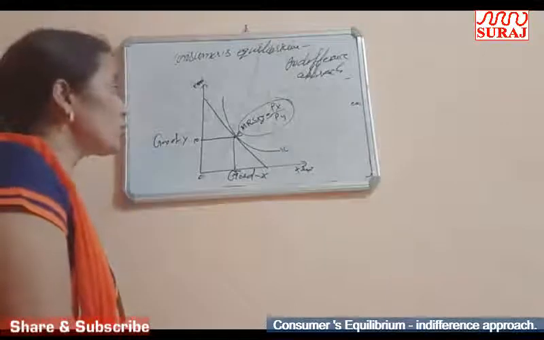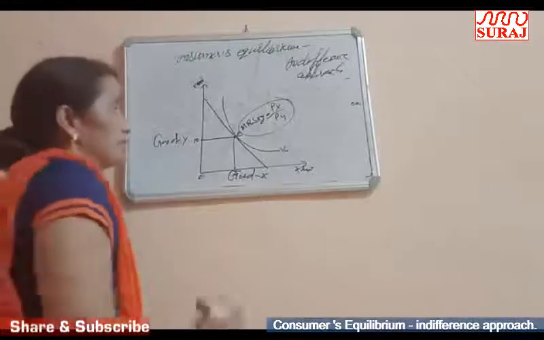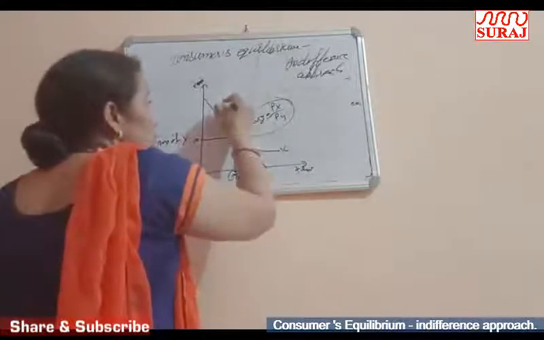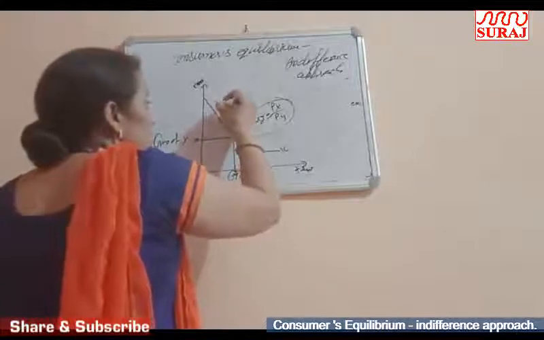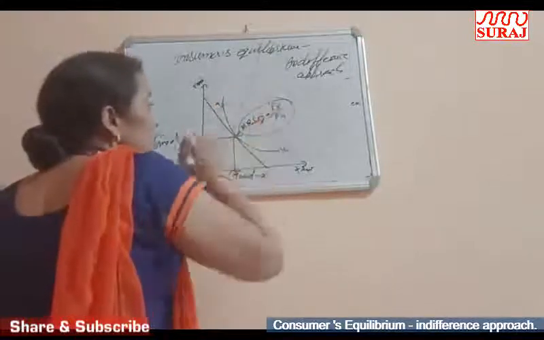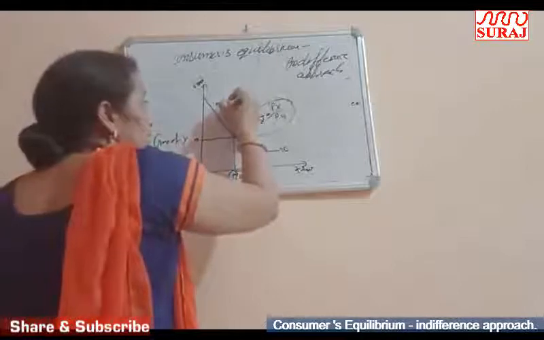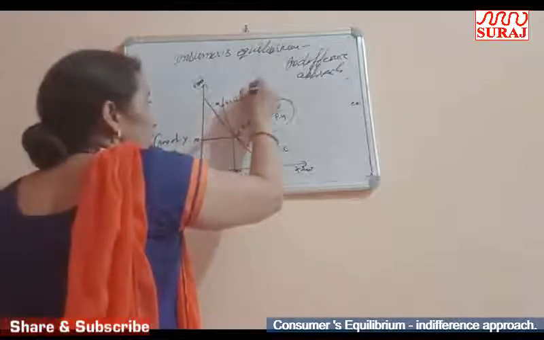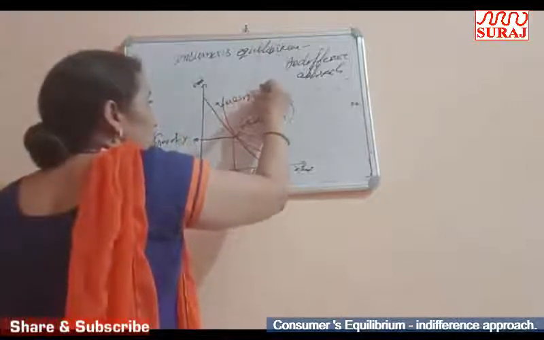If the condition is not satisfied, suppose MRS XY is more than Px upon Py.